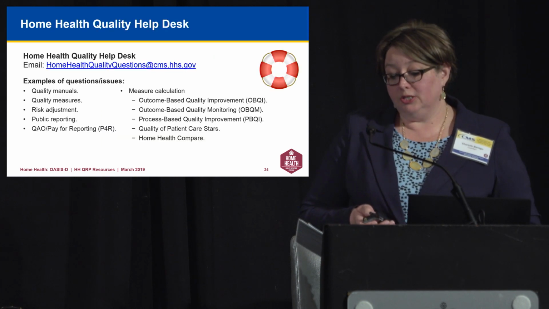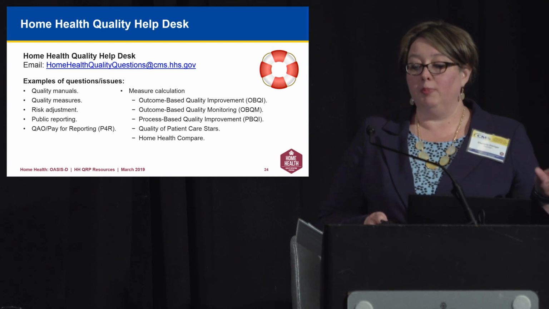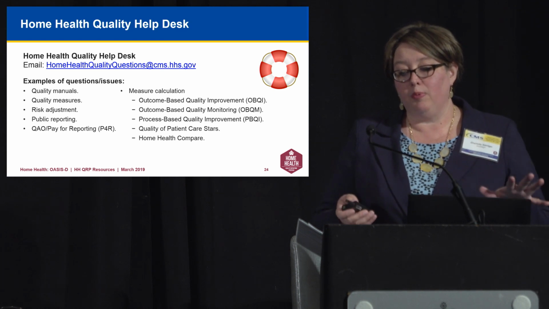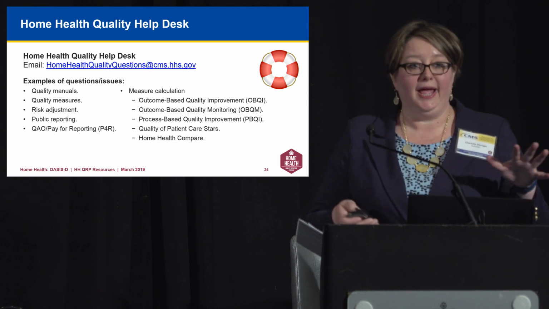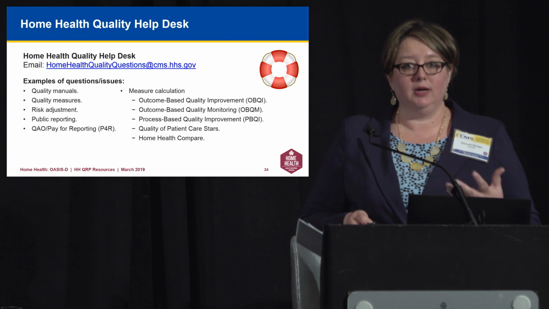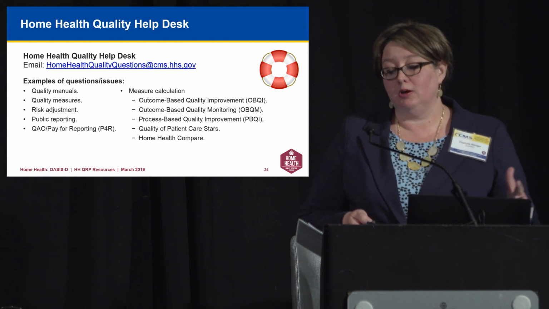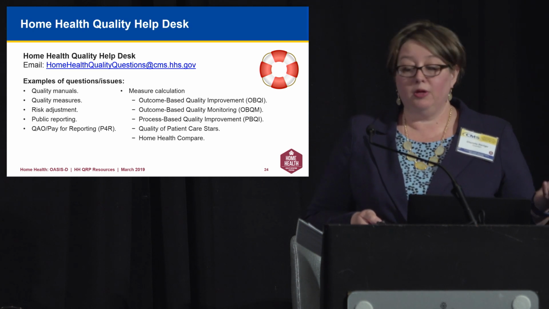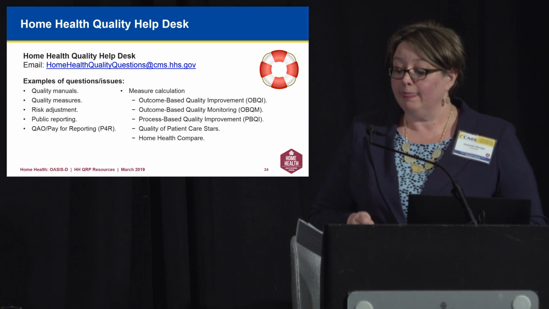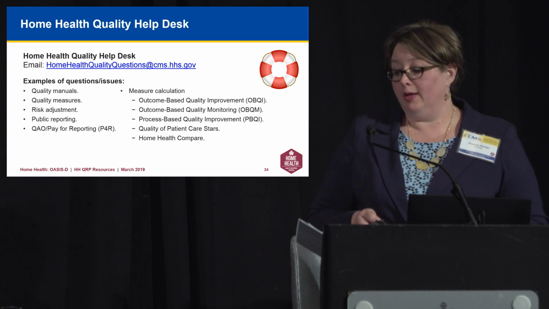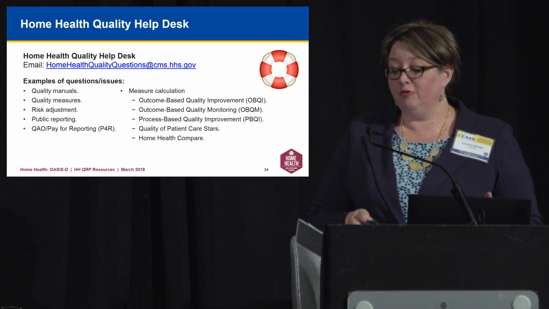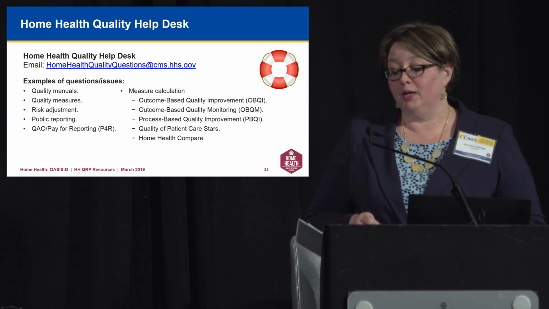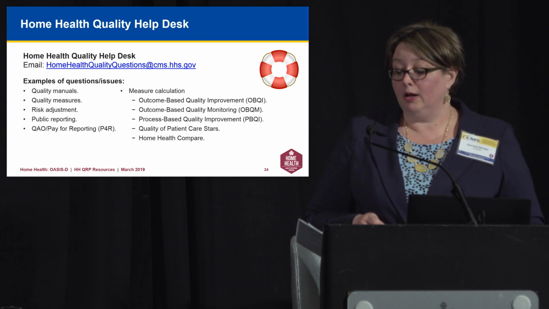So in looking at this, I want to go back to that first one, which is your home health quality help desk. Because I think for the people that are in this room, it's really important that you know what kind of questions you can ask there. And we want to hear these questions. We want to hear from you. So any questions regarding the quality manual, the quality measurements, the risk adjustment, public reporting, your QAO or your pay for reporting, and in measure calculations, whether that be your outcome-based quality improvement or quality monitoring calculations, your process-based quality improvement, your quality of patient care star rating, or your Home Health Compare.